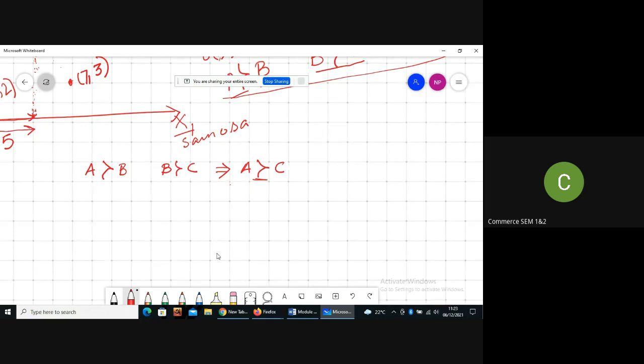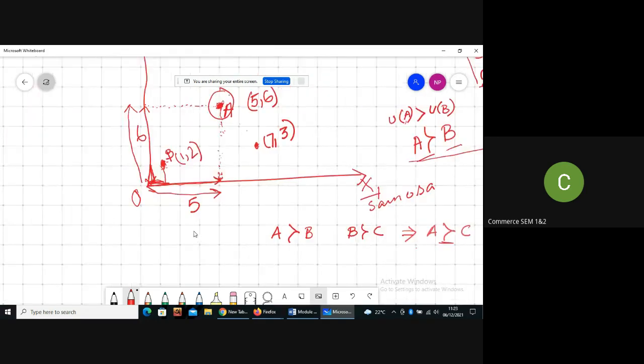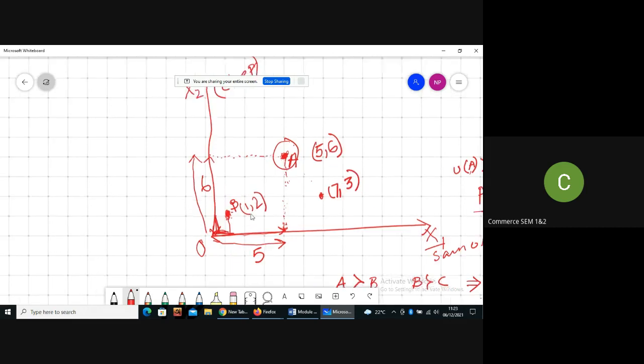So go back to this diagram. Compared to commodity bundle B, commodity bundle A contains more of X1 and more of X2.